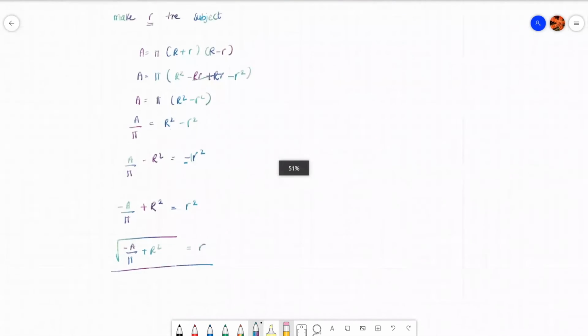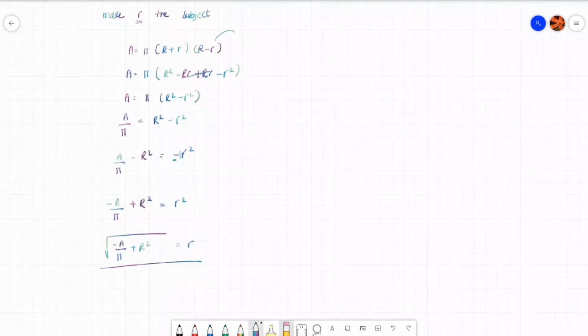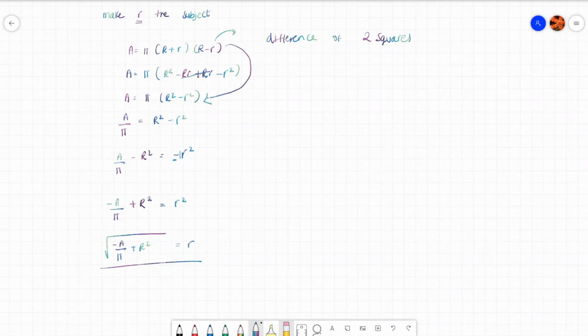Now, the other way was without timesing this out. Here is to spot that this was the difference of 2 squares. And we would straight away have gone from there to there. Okay, because that's the difference of 2 squares. Because, for example, you will have, I don't know, x squared minus 4.